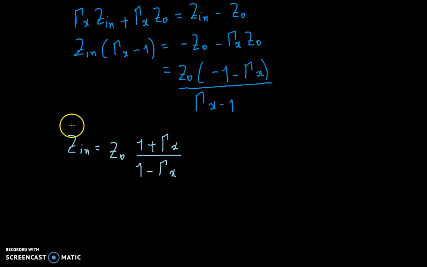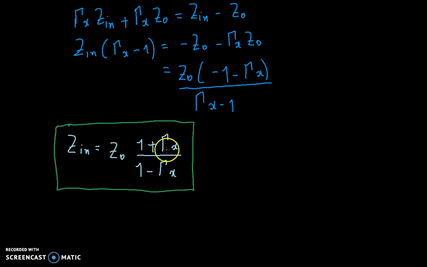Okay, so this is the impedance at any point along the line. All we had to do was use the previous formula, substitute Zin for ZL, and then solve for Zin.